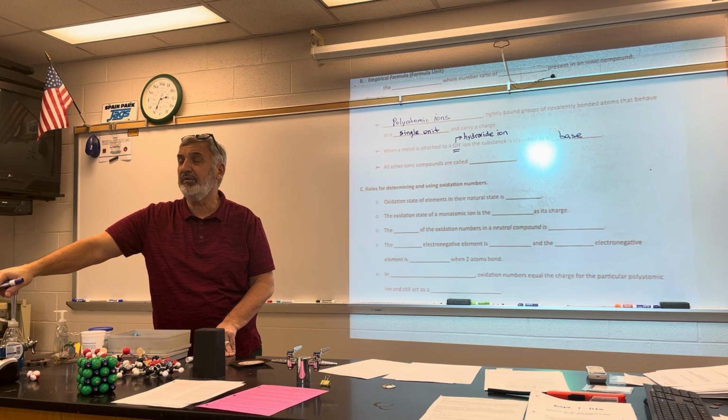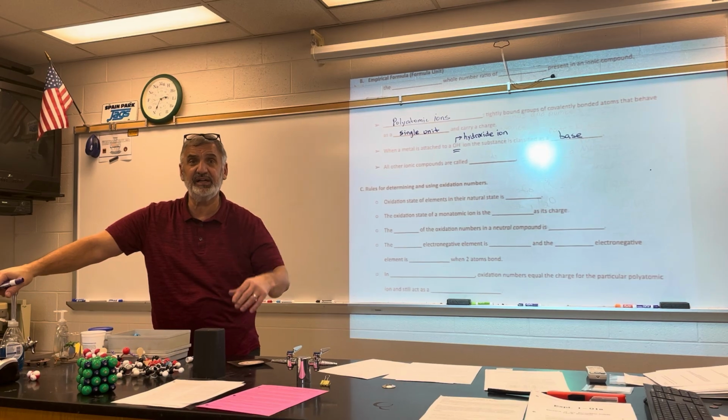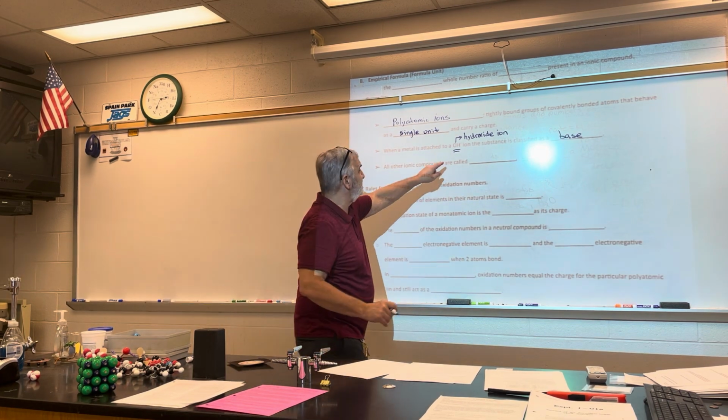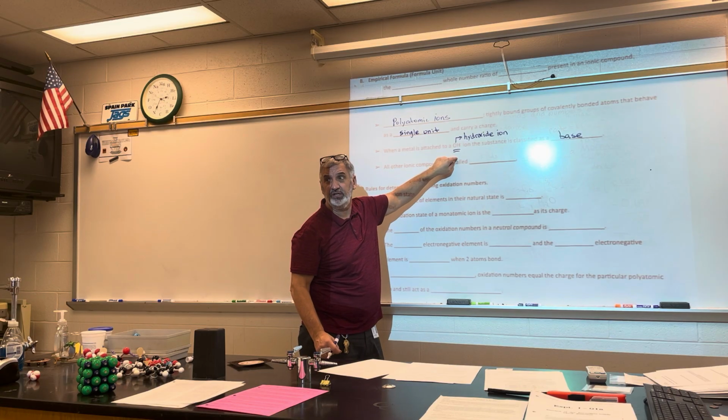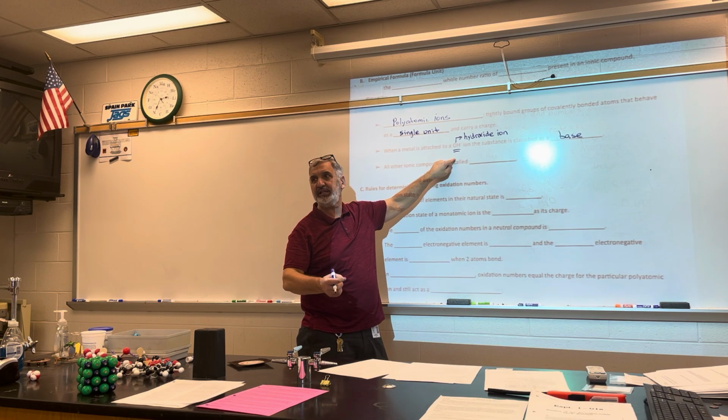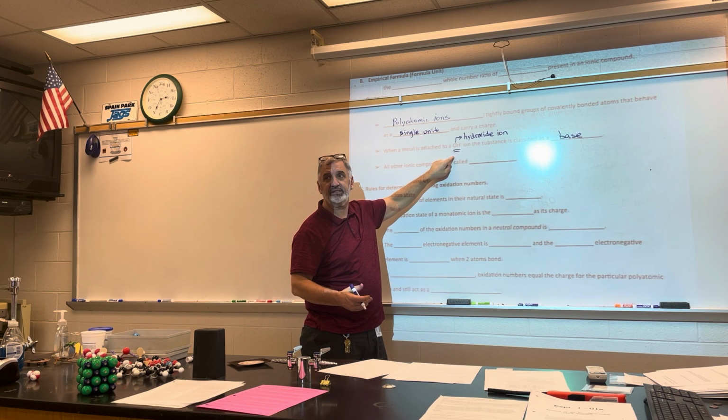It's high. What's neutral on a pH scale? 7. So a base is going to be anything above 7, and that's what we'll talk about at the end of the year. But it's the presence of this ion in solution that makes a base a base. That's what gives it its alkalinity. That's what gives it the characteristics of a base, this OH minus.